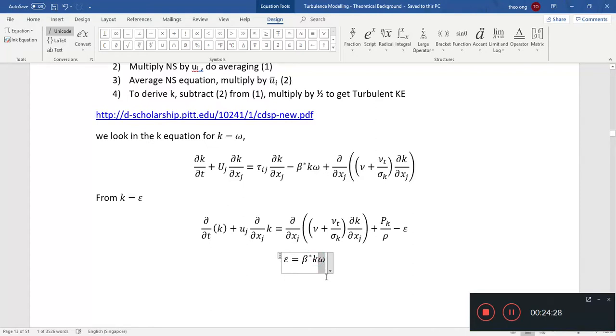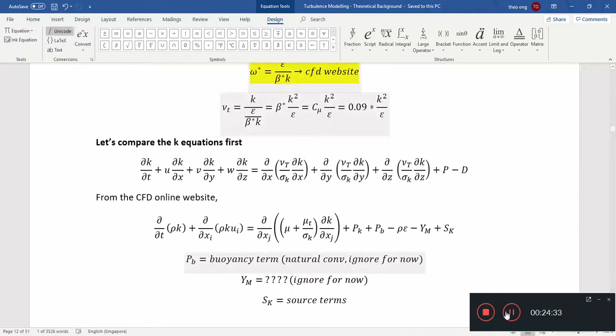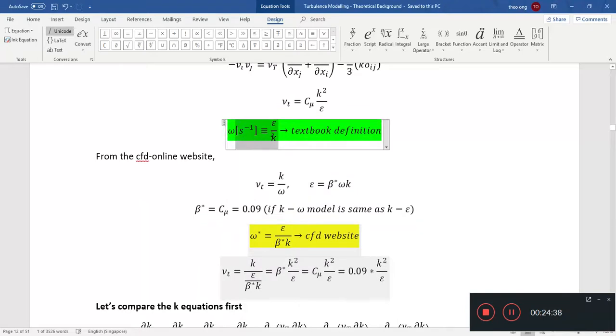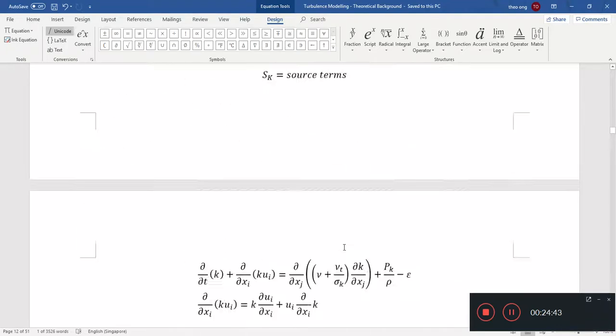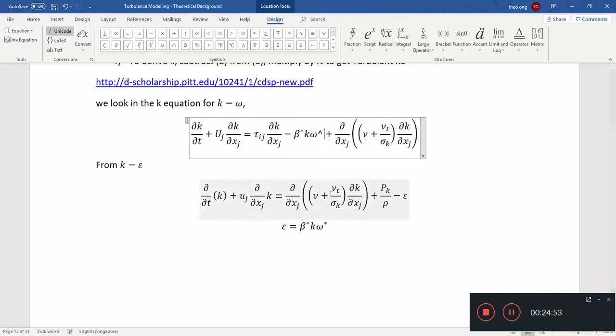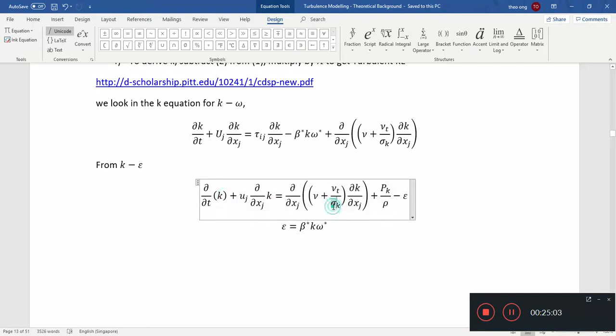This is the omega, and I should say omega star rather than omega, not to confuse you, because the omega from the textbook definition is not the same omega we are used to. This is from the website, so I'll use omega star to be consistent. Now that's a scaled omega, and we see that it is pretty much the same.